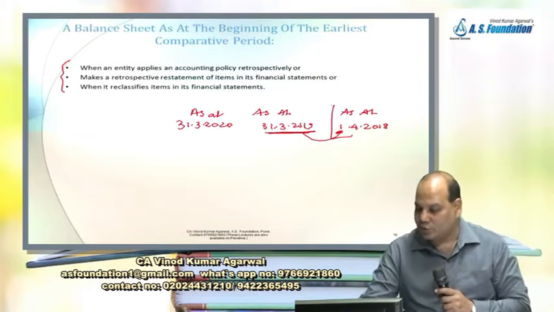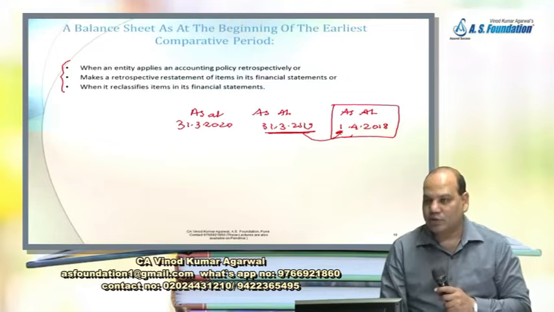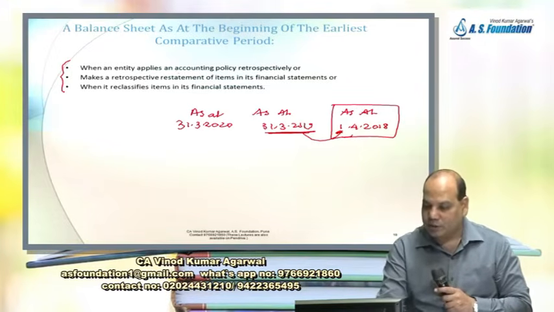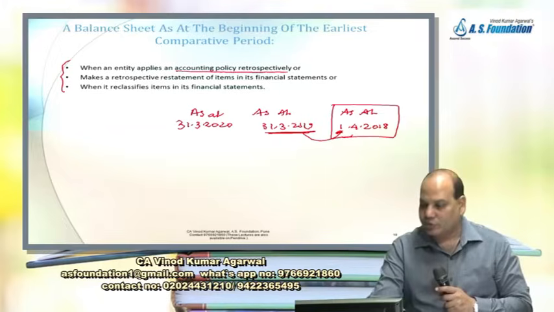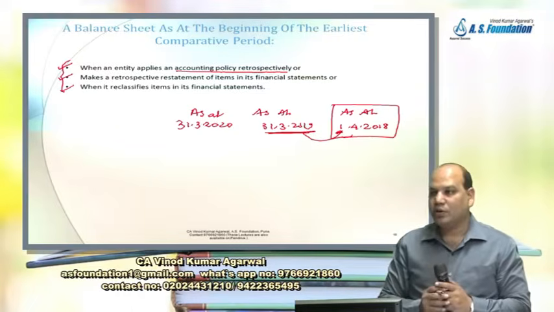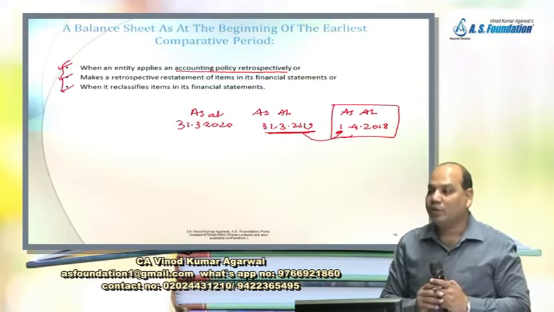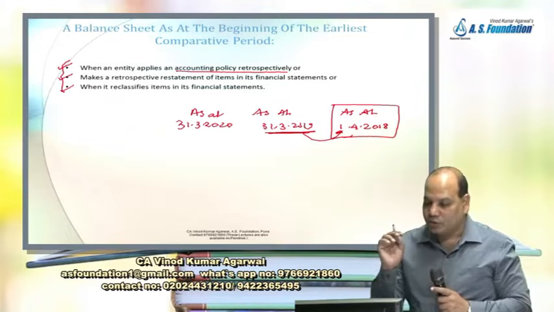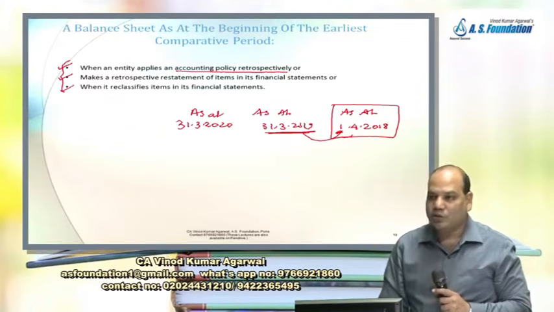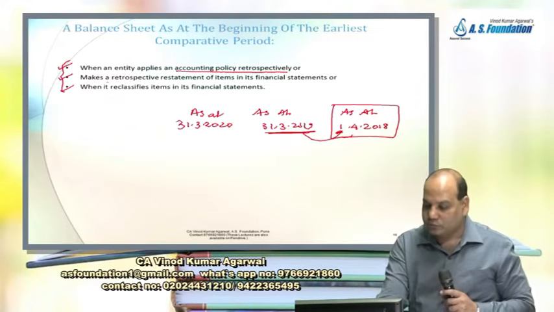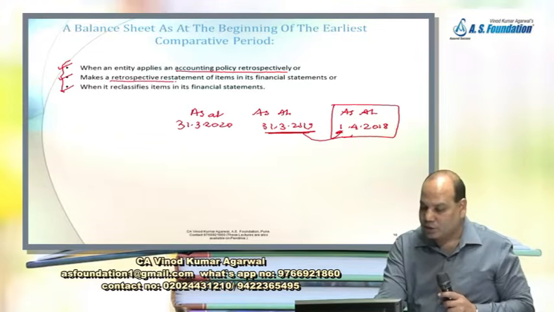But when are you supposed to give this third balance sheet or third SOFP? When an entity applies an accounting policy retrospectively. Again, this can be a 2-mark question for the student. When is a third SOFP required? So when the entity changes an accounting policy retrospectively or makes a retrospective restatement of items in its financial statements.